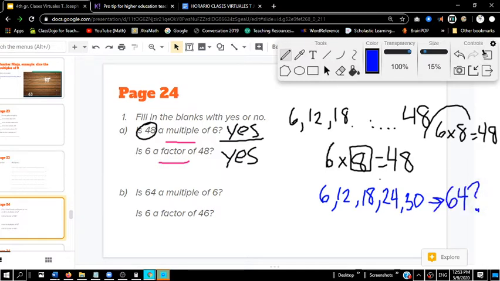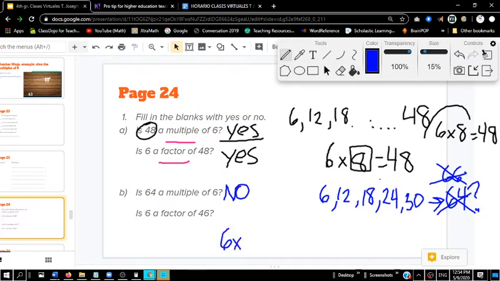Yes or no? No, I don't think so. That's not correct. We will get to a number that's close to 64. 6 times 11 is 66, but 66 is not the same as 64, so this is not correct. Let's continue. Is 6 a factor of 46?